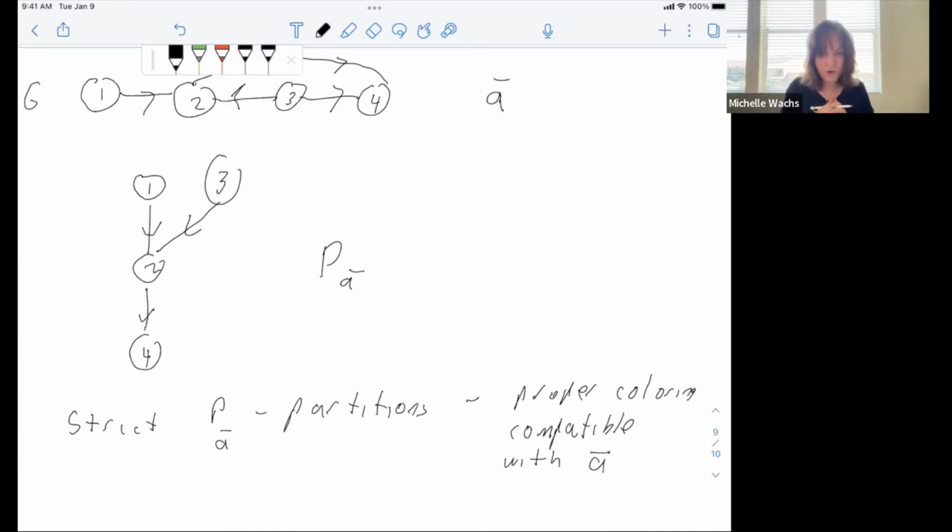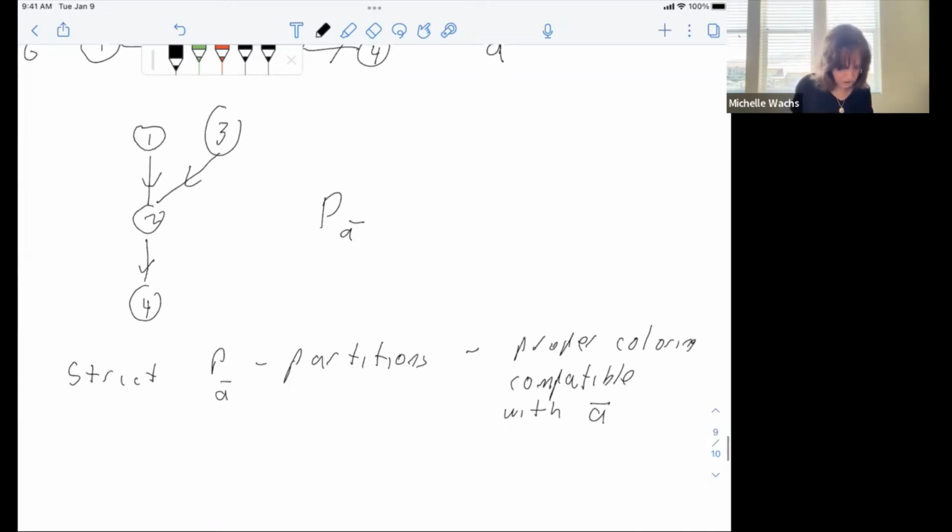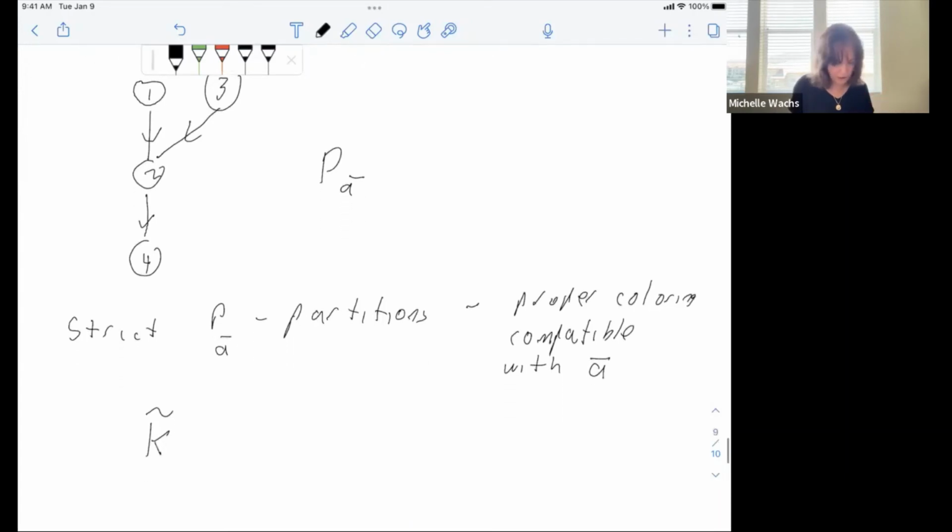So those are the strict P_A partitions. And K, notation from my first lecture, this generating function for the strict P_A partitions is the sum over proper colorings C compatible with the acyclic orientation of x_C.